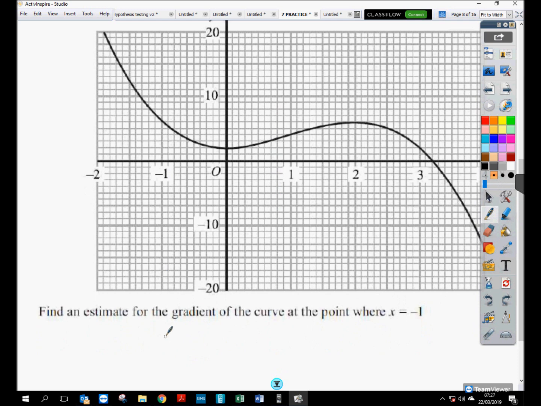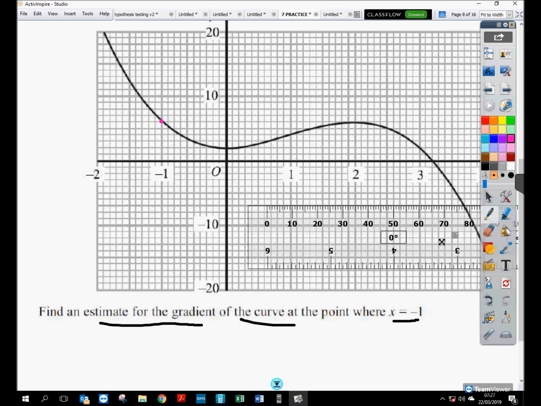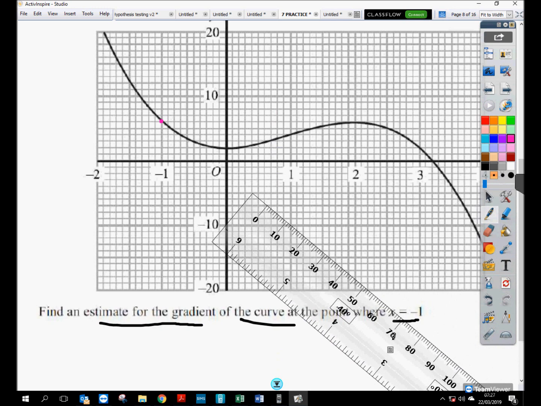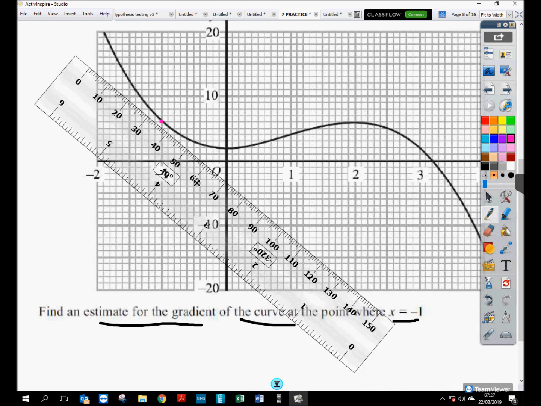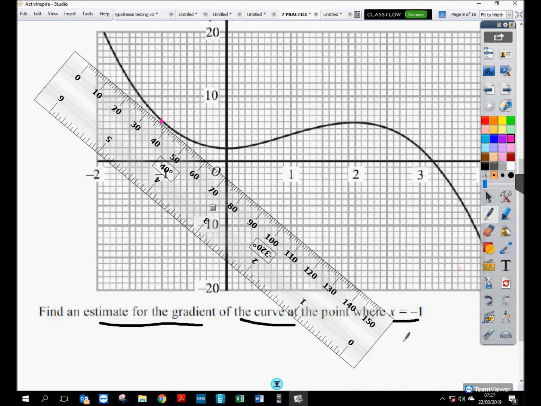Right. If you're asked to estimate the gradient of a curve at a particular point, this is quite a skill actually. You need to find -1 on the x-axis and mark a point on the curve. Then very carefully take your ruler and line it so it's a tangent to the curve at that particular point only.